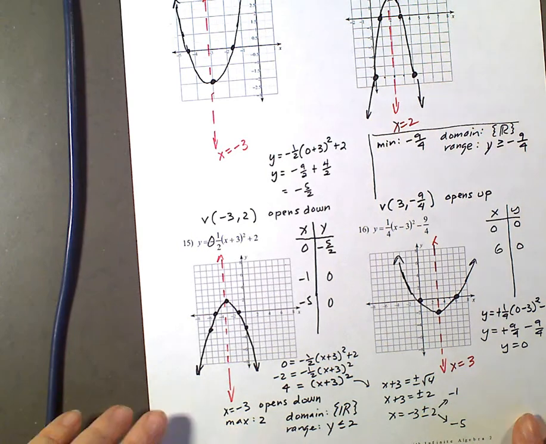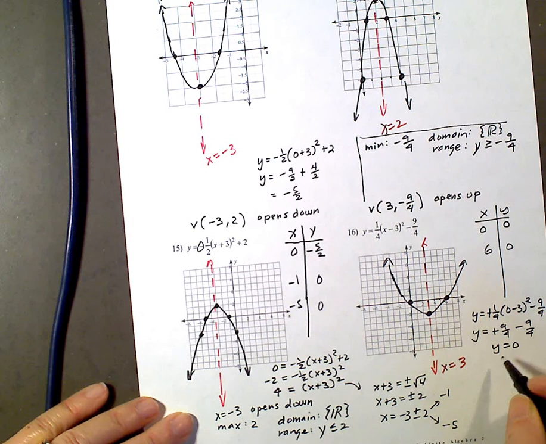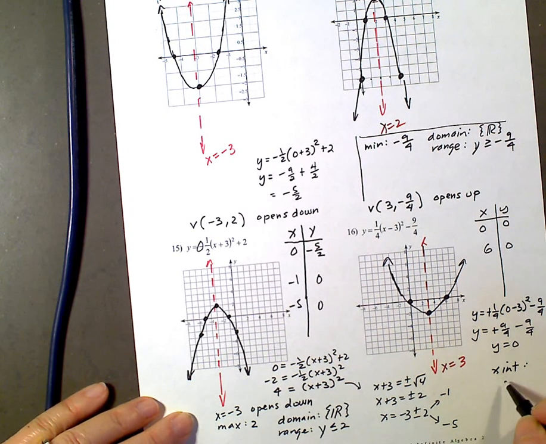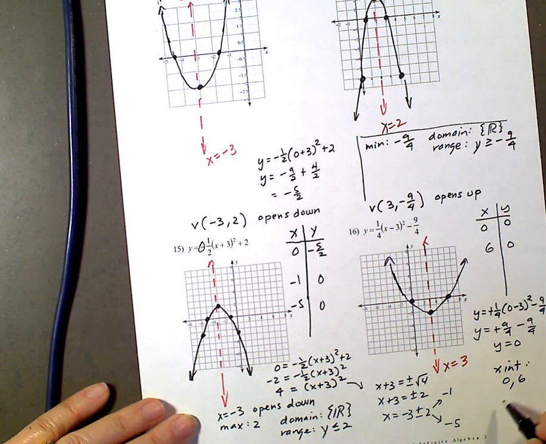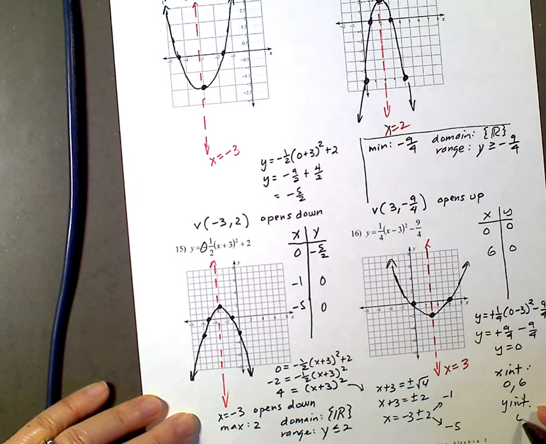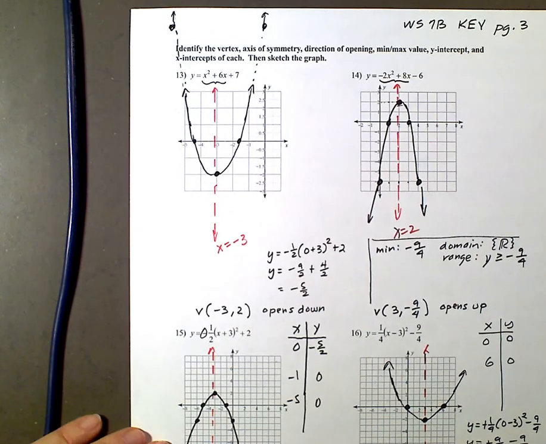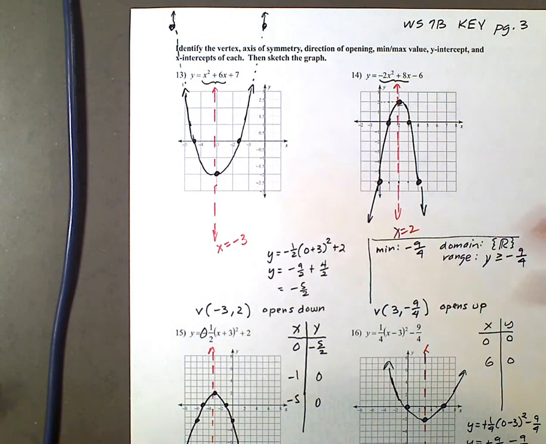So I guess I could say my x-intercepts are 0 and 6, and my y-intercept is 0. So anyway, that is the video key for page 3 of worksheet 7B.